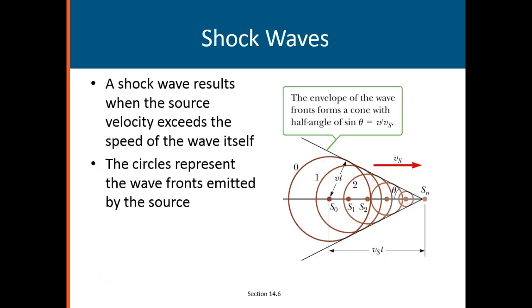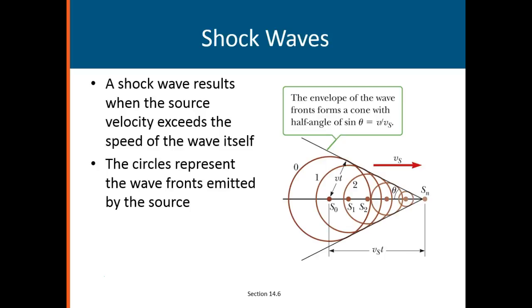Still trying to see how they get that sine relation. Oh, here's the angle theta here. Okay, got it. This is your hypotenuse. This is a right angle here. Okay, got it now, because this is your wavefront. This line here represents the parallel wavefront here.